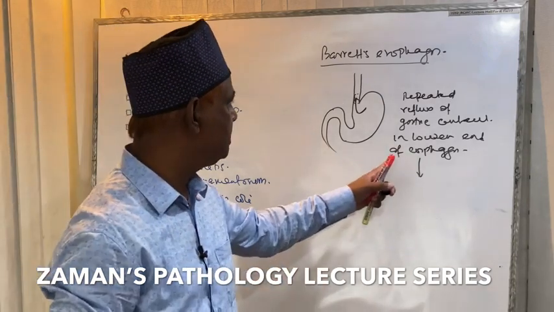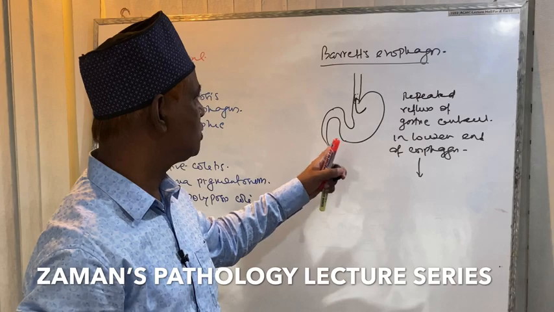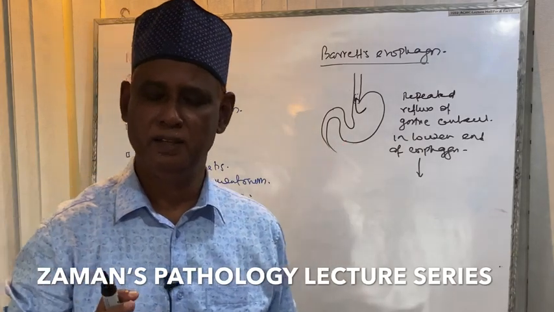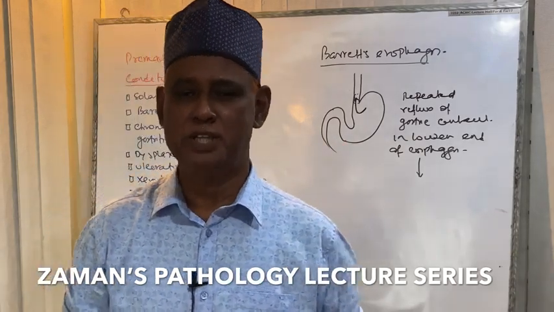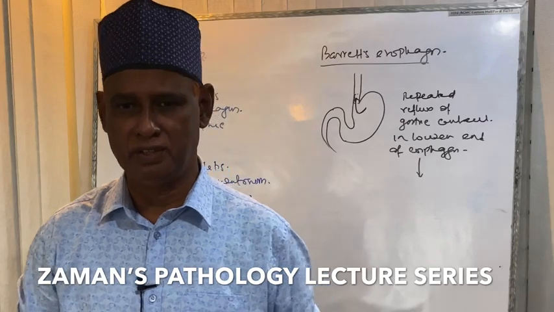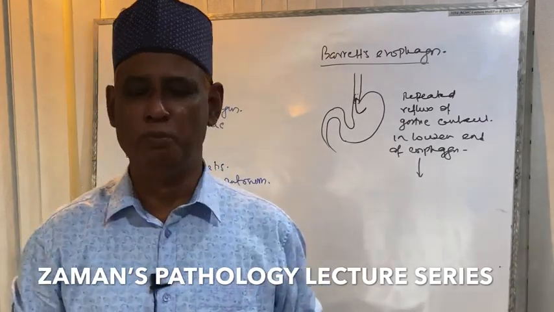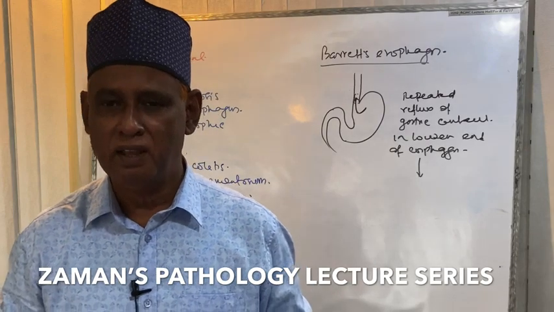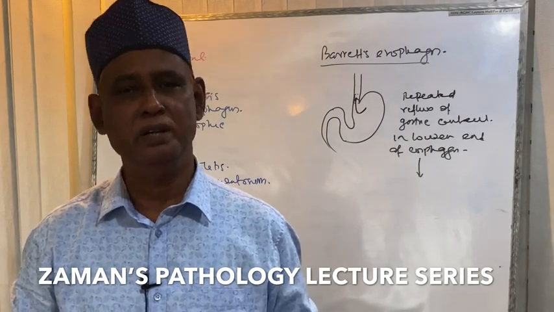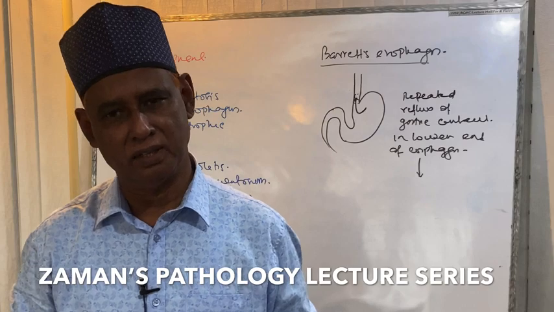If there is repeated reflux of gastric content from the stomach to the lower end of esophagus, there will be metaplasia due to chronic irritation. The squamous lining of the lower end of esophagus will be replaced by gastric columnar or intestinal-like columnar.